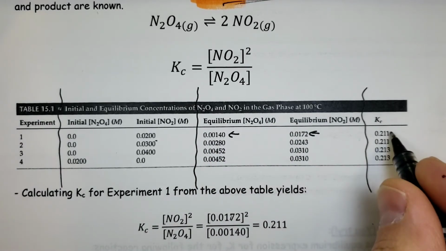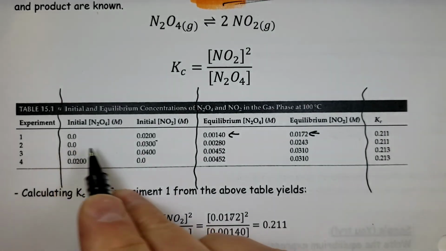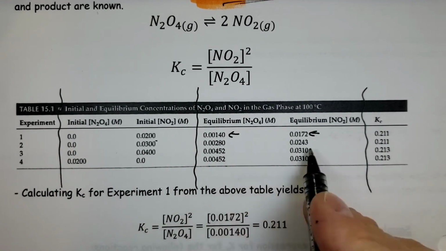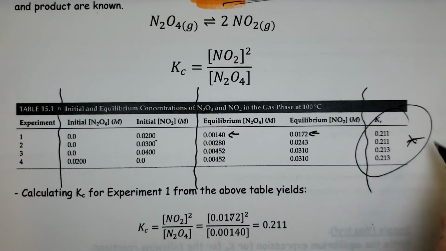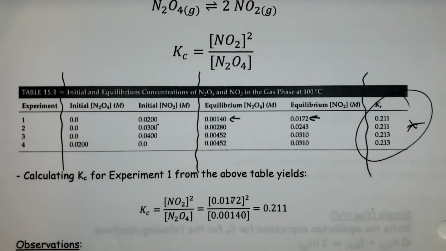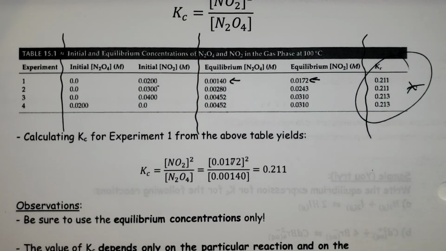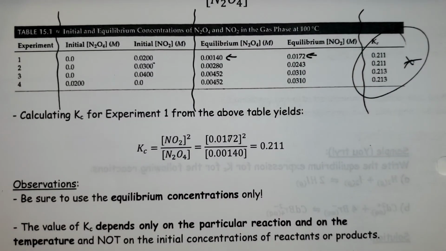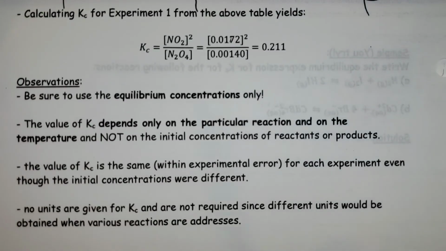I would get 0.21 as an answer. If I did the same thing with these equilibrium concentrations, notice I get the same Kc or KEQ value. So we are using equilibrium concentrations here to figure out KEQ.